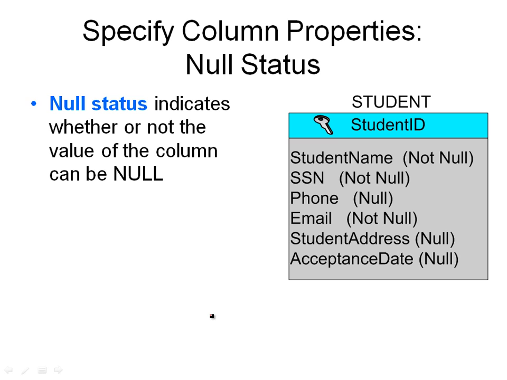Now we are talking about the value that will be inside there: are we allowed to leave it empty or we have to fill it, and that is a null and not null property, or actually can be considered as a constraint. So we are putting a constraint on optional or mandatory filling information.